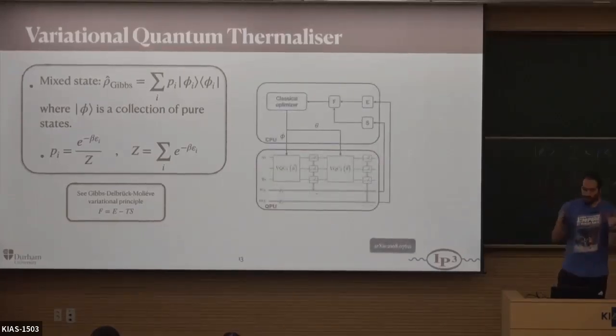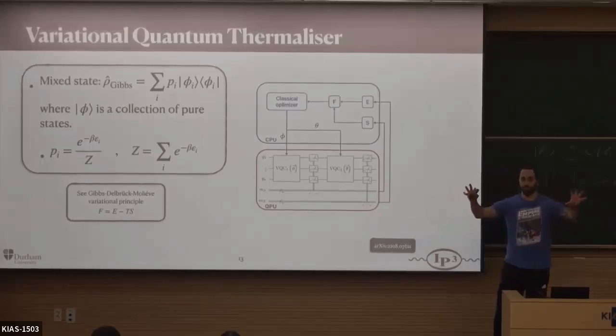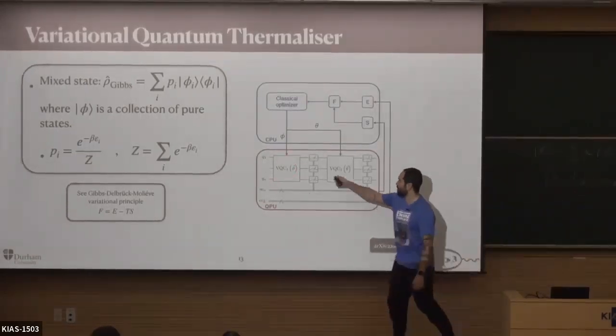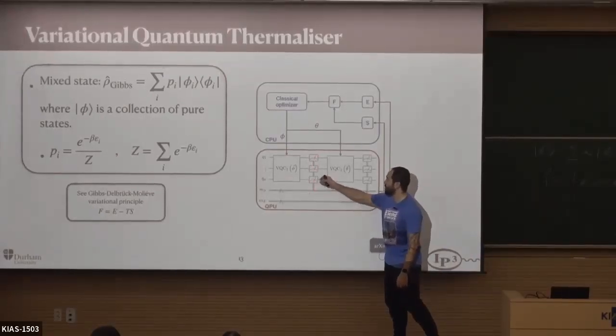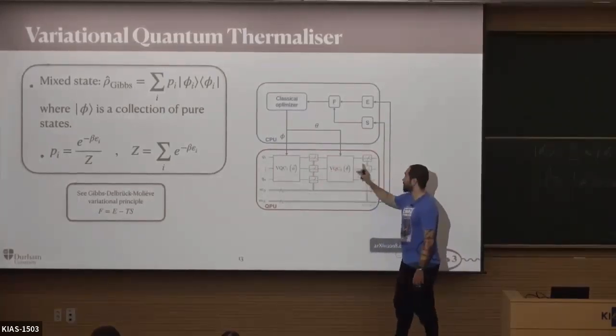There's a really nice paper about this. It proposes an interesting algorithm where we have two different circuit structures. We measure the first circuit, the wave function collapses, and then we put this state in the second circuit and calculate the energy.